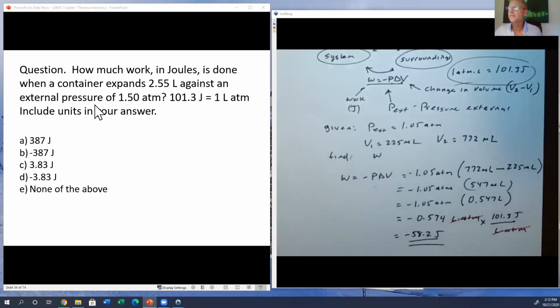I'm telling you that because I know some of you are getting the sign wrong. Think of what the sign should be here. Should it be negative or positive? Don't answer that.